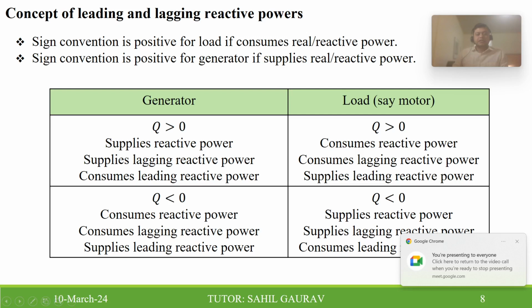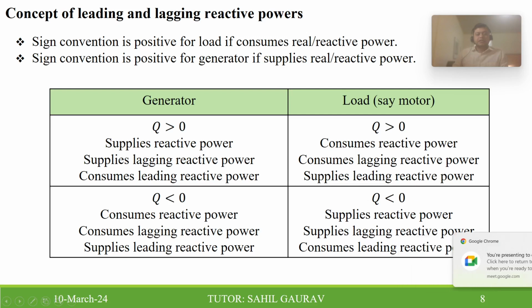And for a load, if Q is positive, it means that it consumes reactive power because it matches with the basic nature of a load, that it consumes something, and a generator supplies or delivers something. So if reactive power is positive, it consumes lagging reactive power, and reversing the things, it supplies leading reactive power.